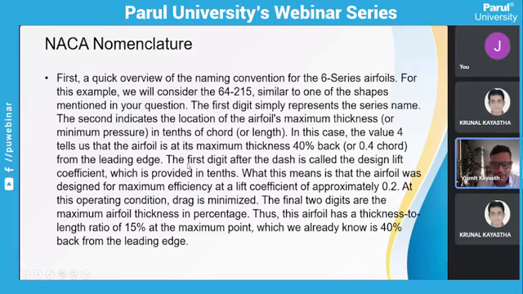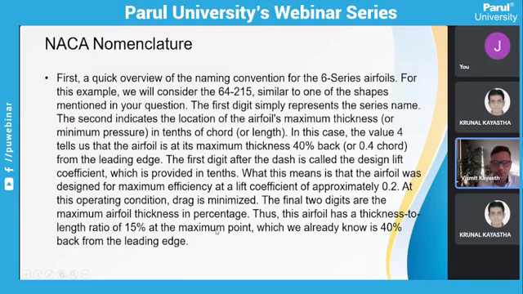The first digit after the dash could be called the design lift coefficient, which could be 0.2, at which we will be getting the minimized drag here. Moving ahead, the last two final digits are nothing but the maximum airfoil thickness in percentage, so it is not more than 15%.